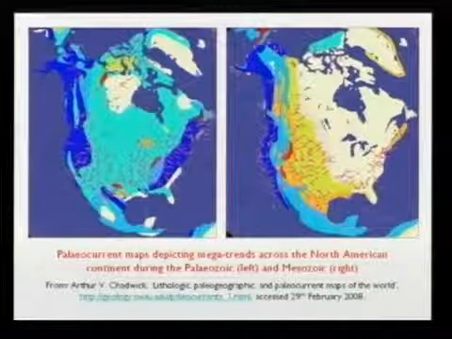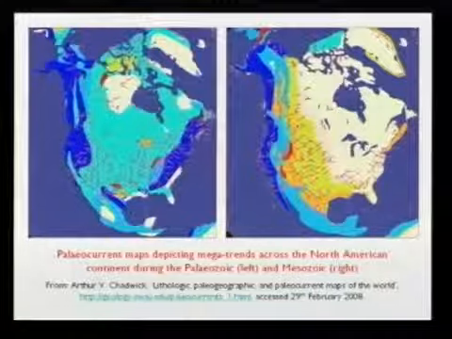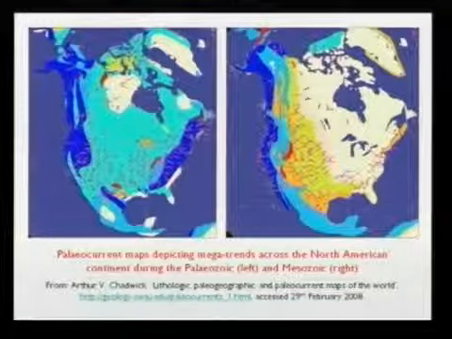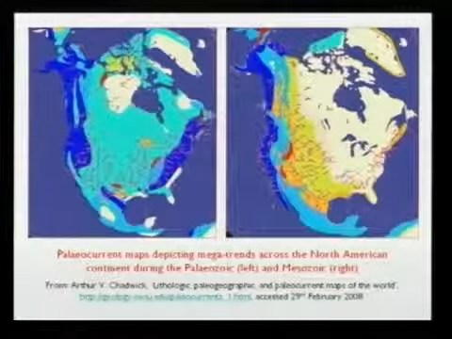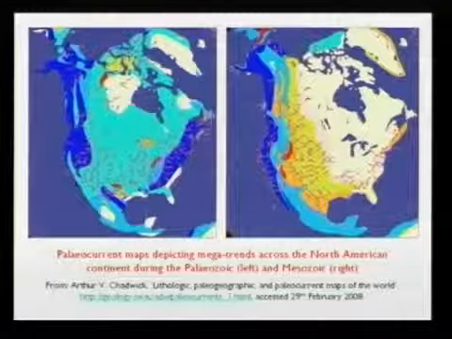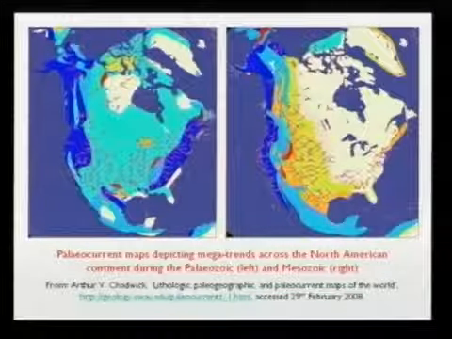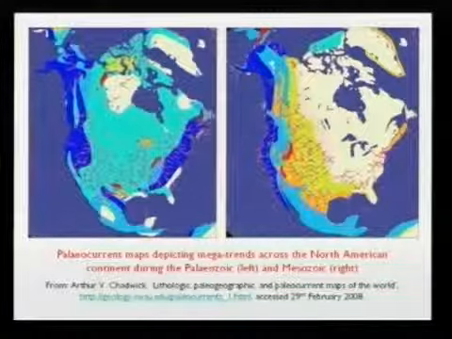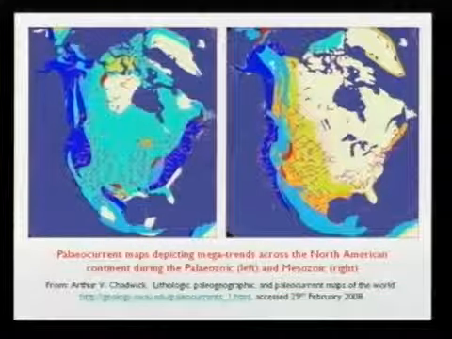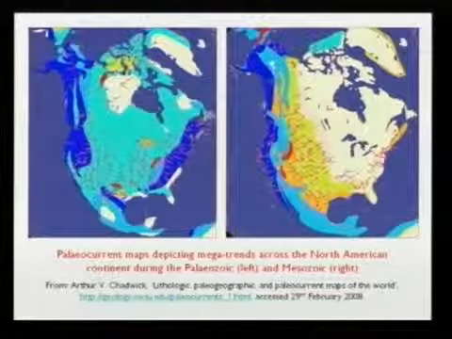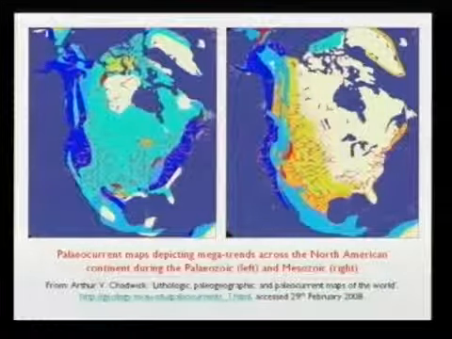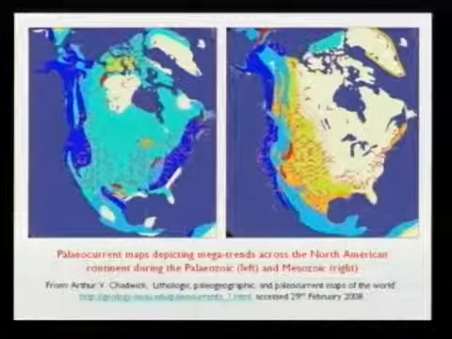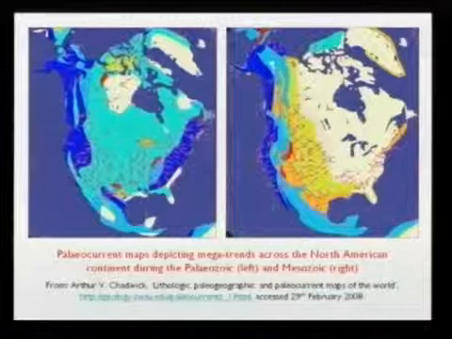And he's still not happy. He still goes on collecting more and more. But he's got 500,000 measurements or so, and he has a website. There's the web address if you want to go and look at his maps. He's got maps of different continents of the world for different geological periods and so on, and he gives you the paleocurrent data. Now, what's really interesting is what his data has revealed.